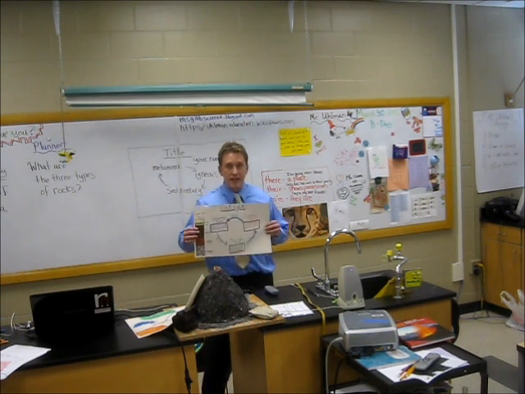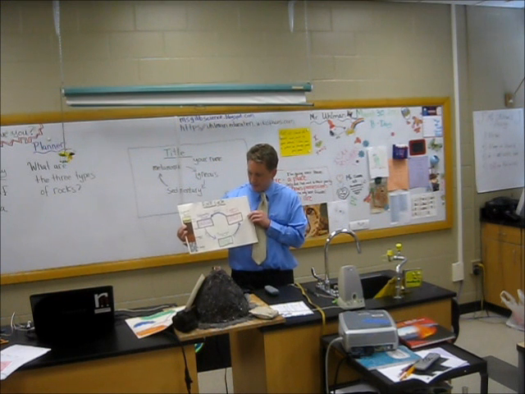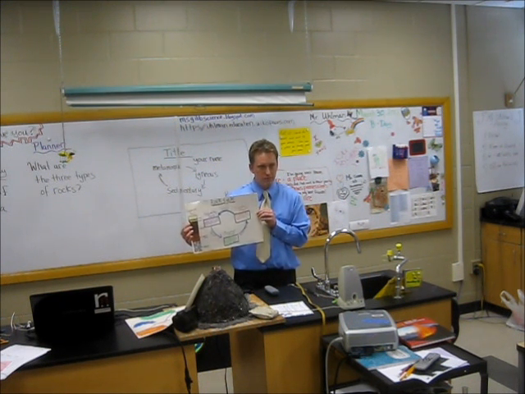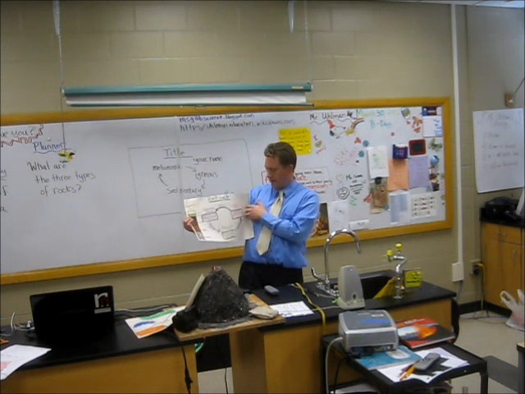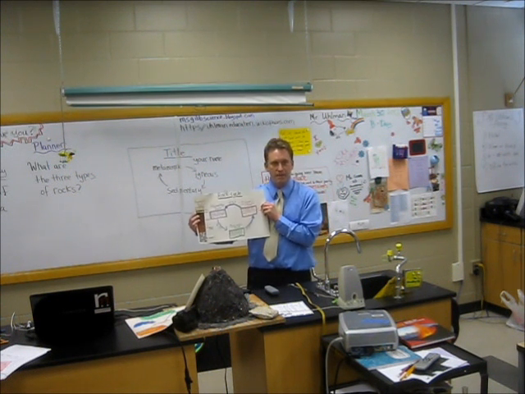I have from last year a couple of examples to show you. This is an example of a good high-scoring poster. Notice that beyond having the three rock types, they talk about the processes, they describe them well.